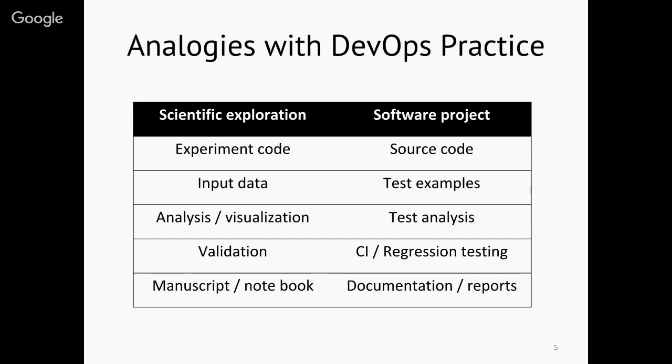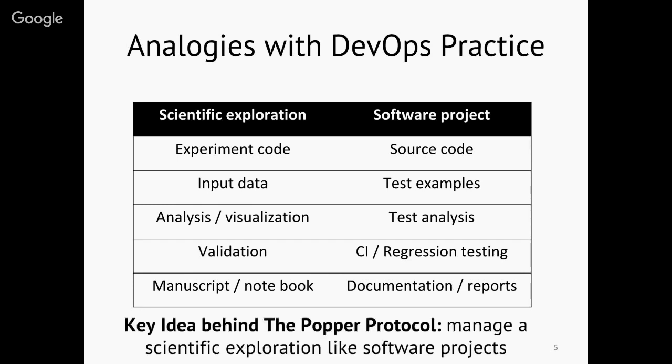They validate their claims by doing many things like continuous integration and regression testing. And they also write about results in the form of documentation or bug reports and things like that.